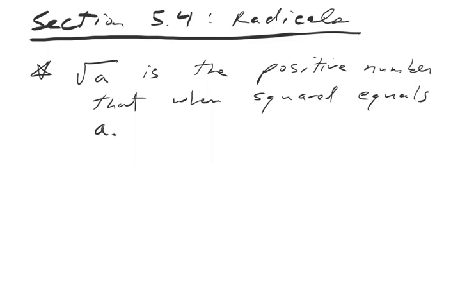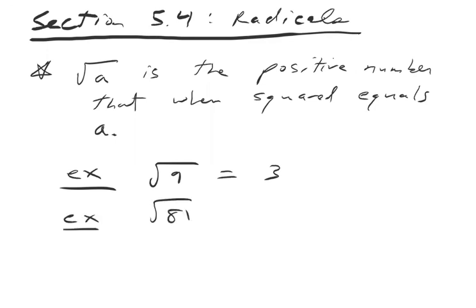Most of you have. So square root of 9, we want to find what number would I square to get 9? What positive number? The answer is 3, right? Or I could do the square root of 81. And that's 9. Okay.